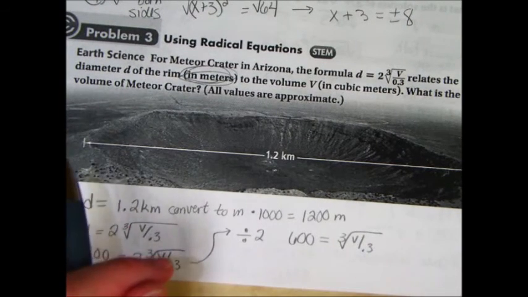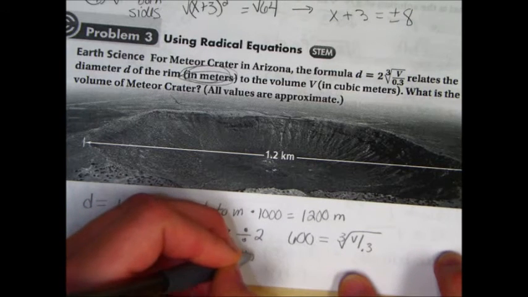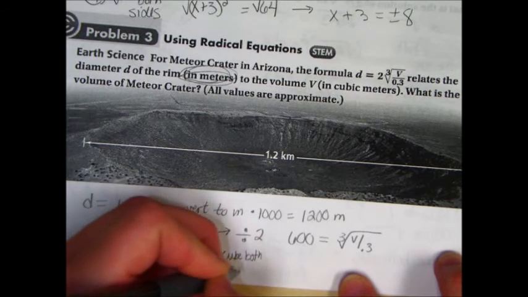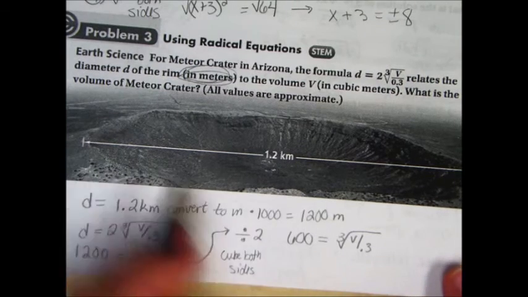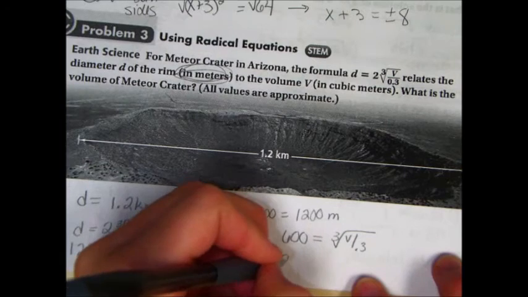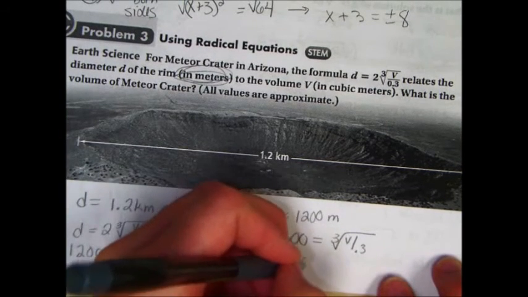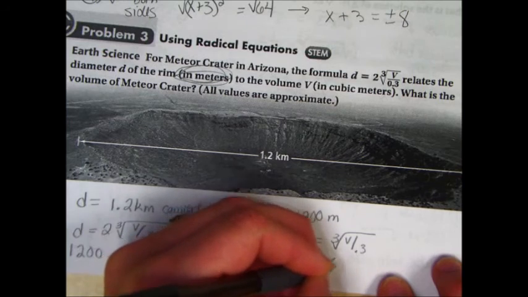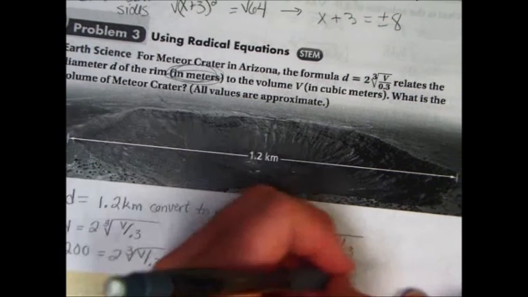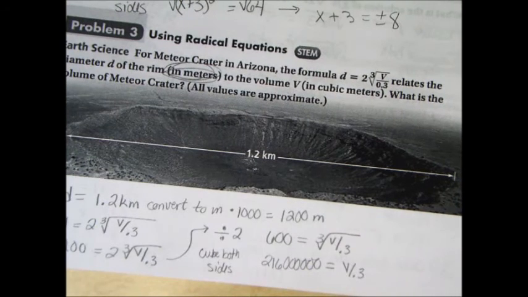Now I have to get rid of the cube root, so I'm going to cube both sides. Now when you cube 600, you're going to get 216 with 6 zeros. And over here, you're just going to get V over 0.3. Okay, and that came from cubing both sides.